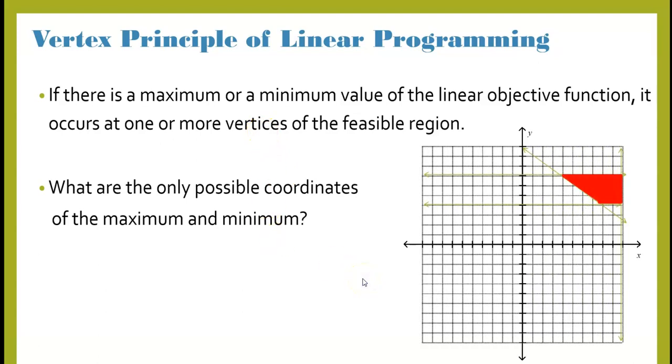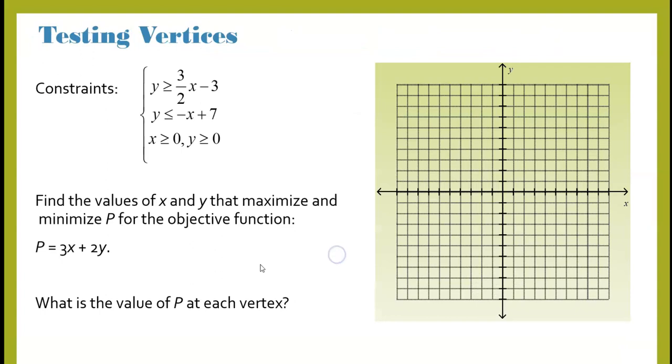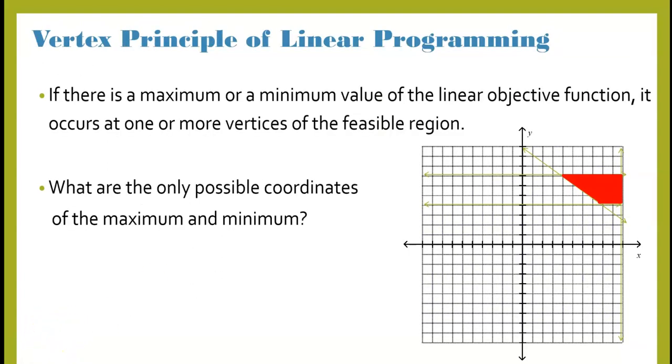All right. So if you look at this, this was our example from the previous page. Everywhere where you see a vertex, boom, boom, boom, and boom, those are the only places where we could have a maximum or a minimum. Let me go back here for a second. I look at this, I've got these points.